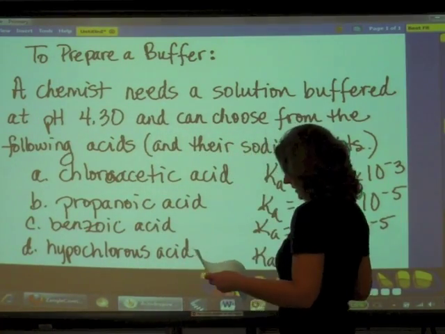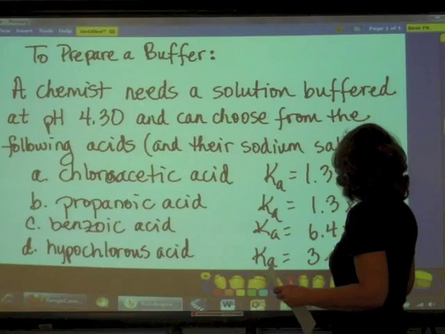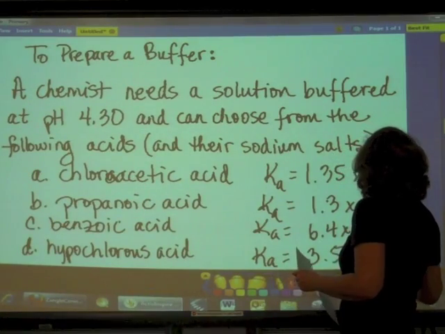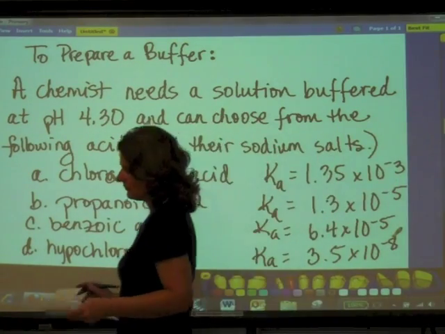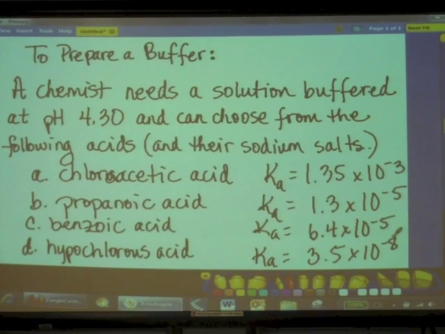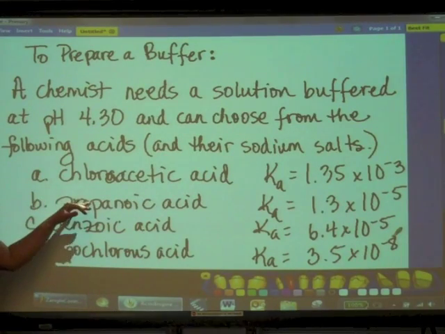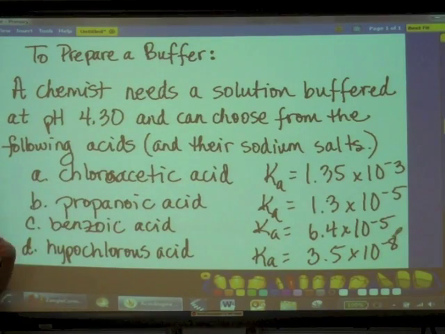And its Ka is 3.5 times 10 to the minus 8. Alright, so you can choose any of these four. Chloroacetic, propanoic, benzoic, hypochlorous, and of course they wouldn't be on their own. It would be, for instance, propanoic acid with sodium propionate.